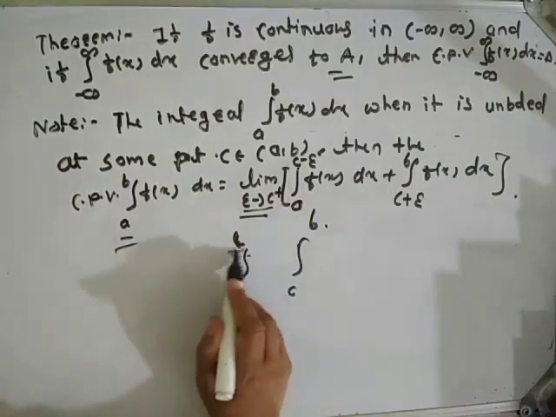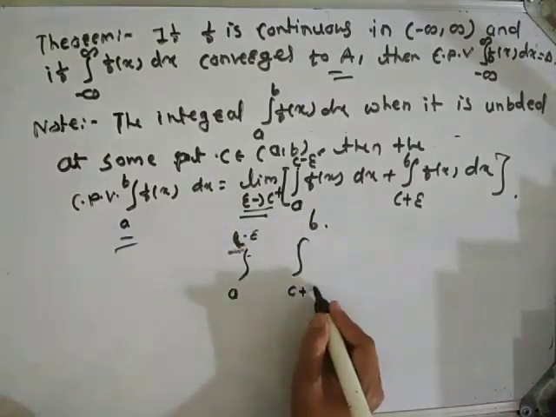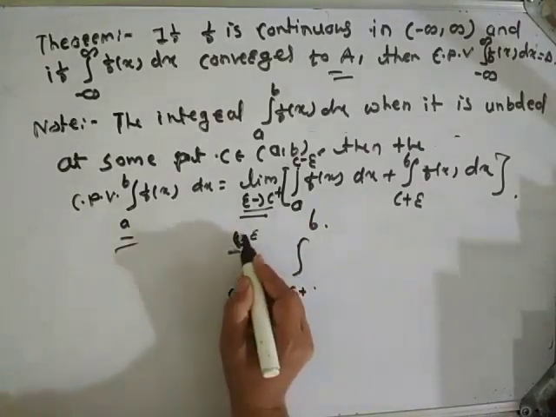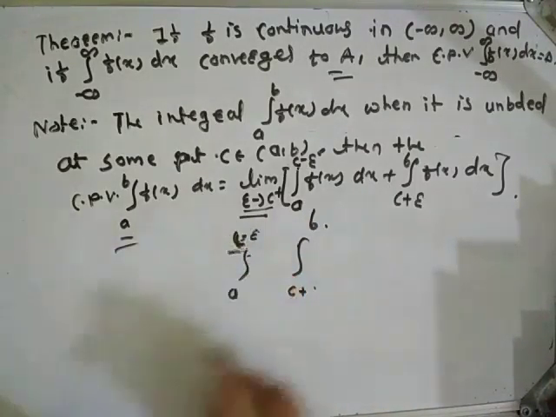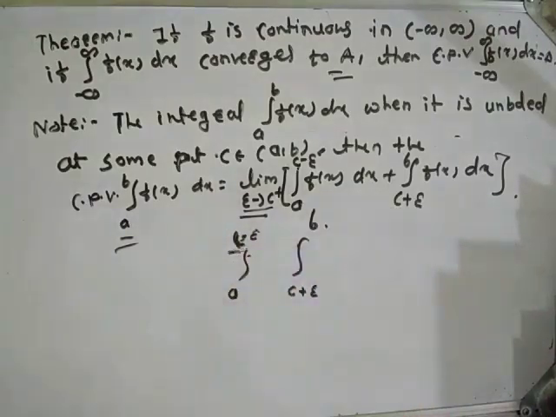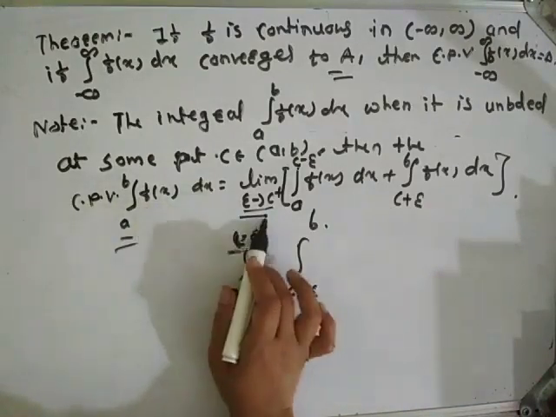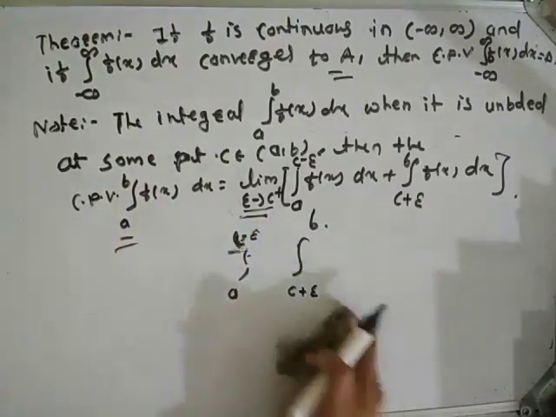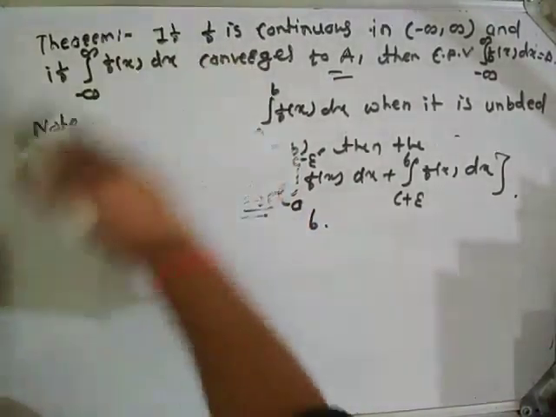This is upper limit, so here we subtract epsilon from c, and here we add epsilon in c, so we will get CPV of this integral is equal to this. Okay, let us see one example based on this note.